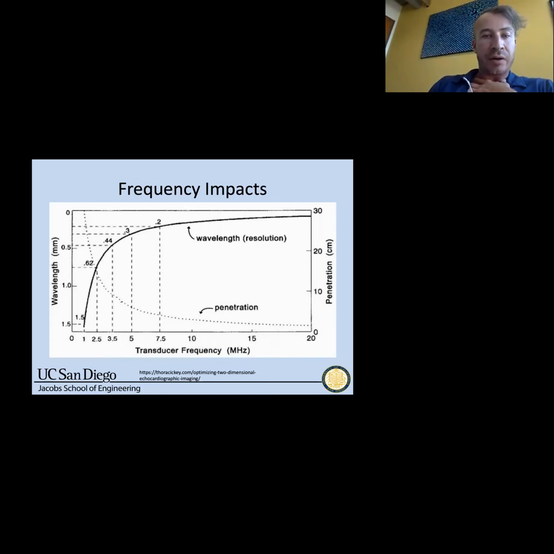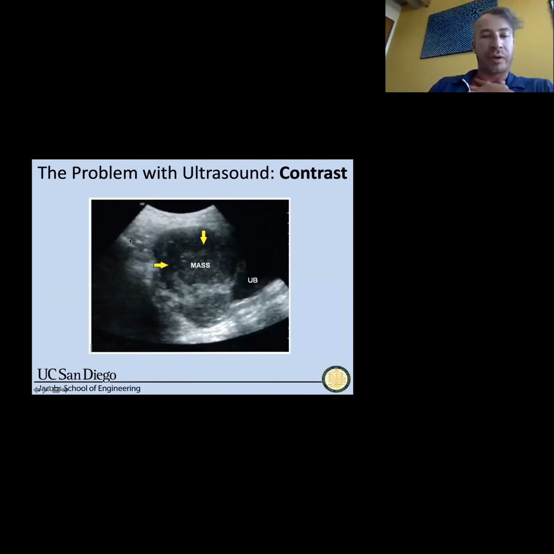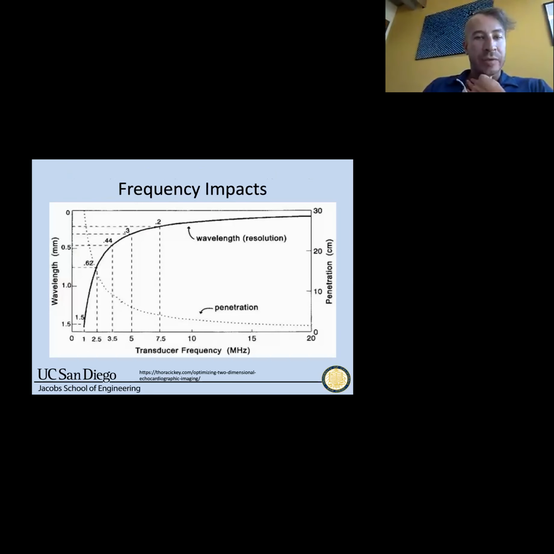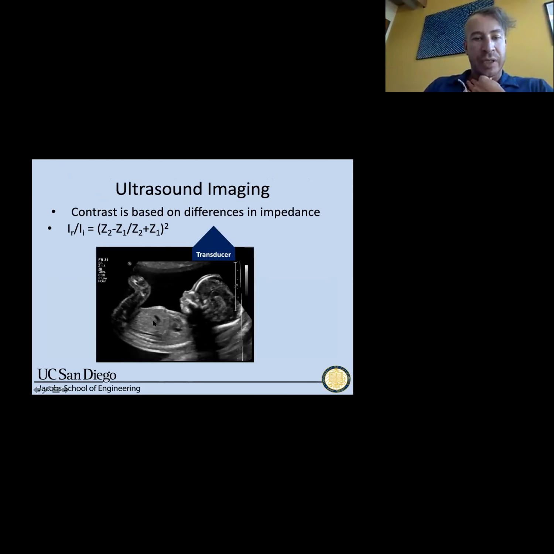So here, the wavelength is longer, or the resolution is worse, okay? So, if we want to improve our contrast problem, so say we want to image between different kinds of mushy goo, so we want to discriminate between liver and kidney here.